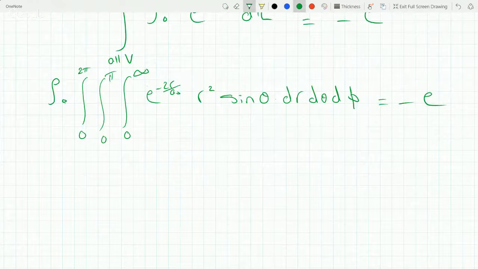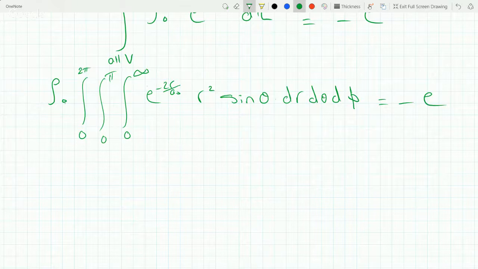Now, of course, this is an improper integral. I'm going to assume that some people here at this level of physics have a fairly good understanding of basic single variable and multivariable calculus.